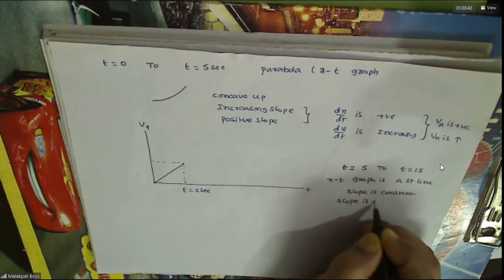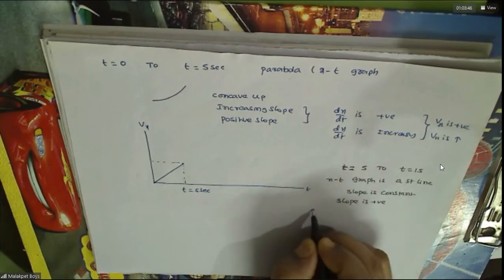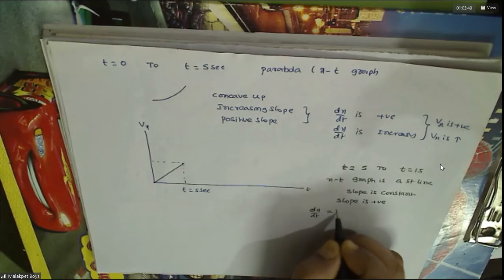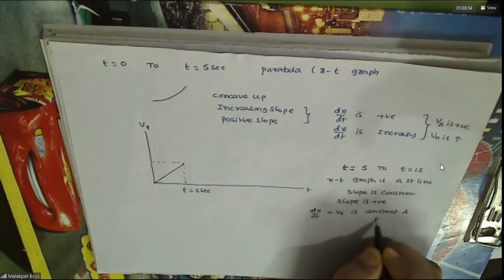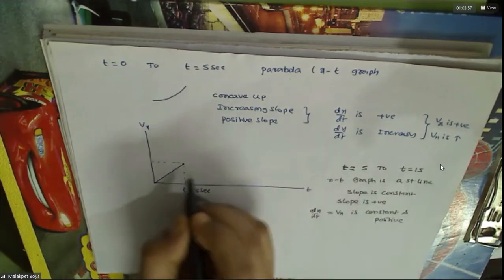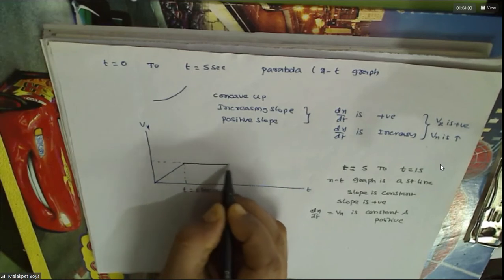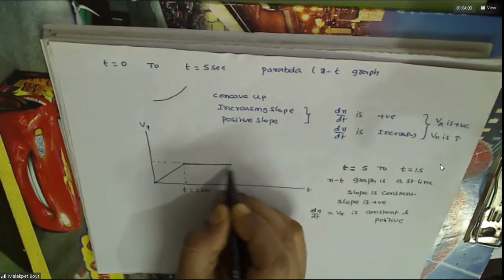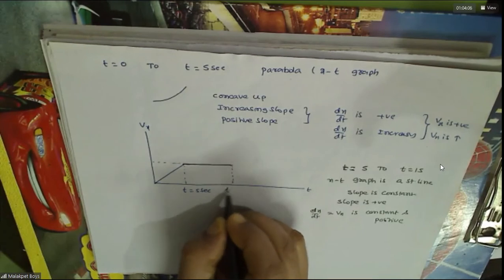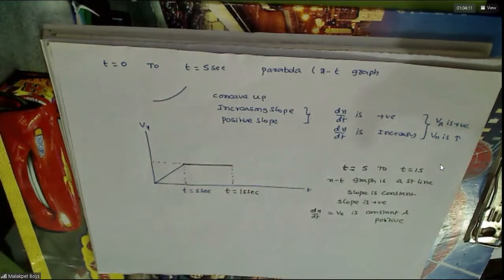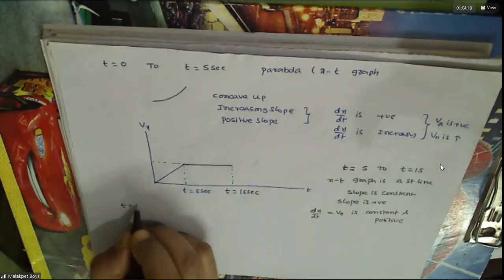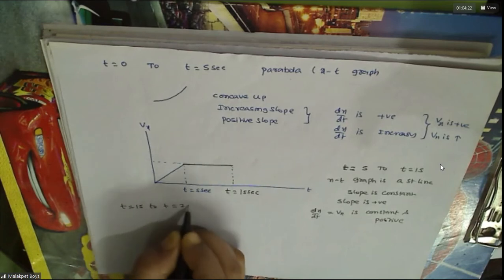That means dx by dt, that is Vx, is constant and positive up to 15 seconds.